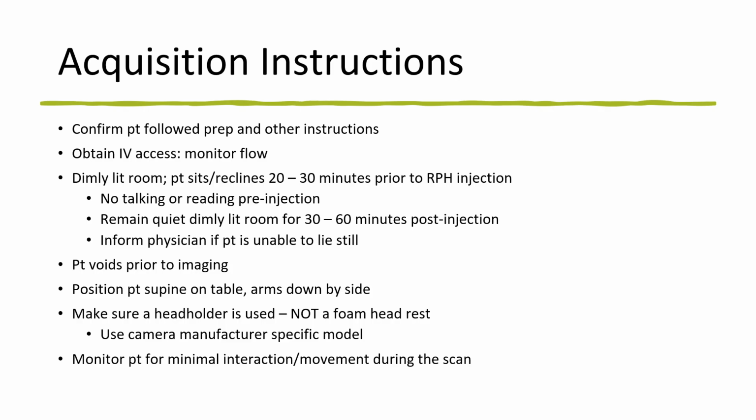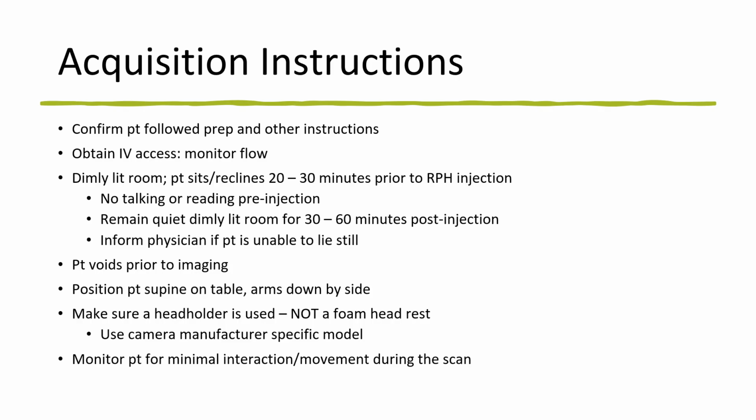Now, it's best practice to put them in the dimly lit room and start their IV. You want to start it where you can see. So whether you start the IV and then put them in the room or put them in the room and then turn the lights off doesn't really matter. But you want to start their IV first because that gives them time to quiet down and relax for that 30 minutes before you inject them.